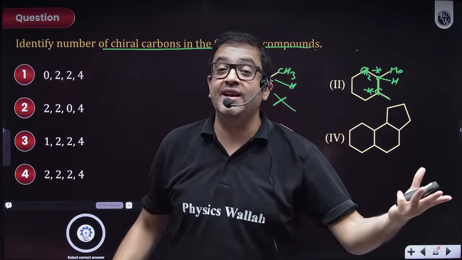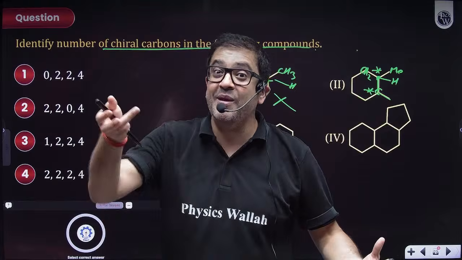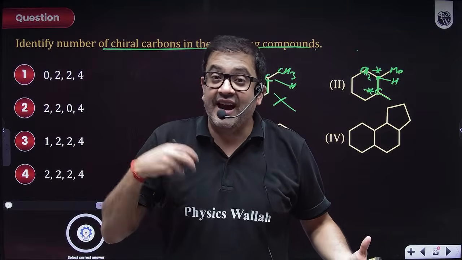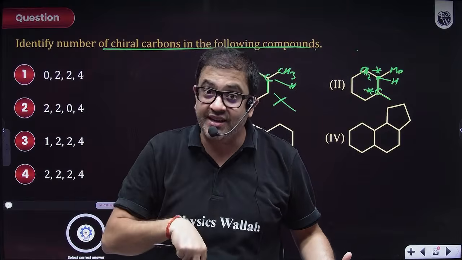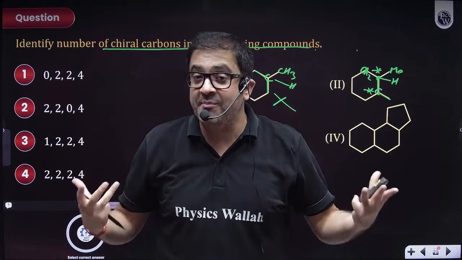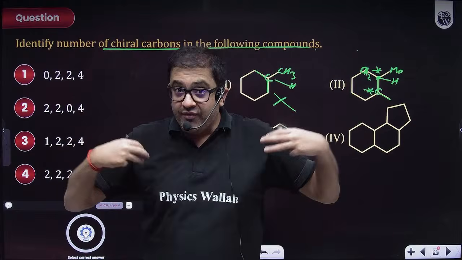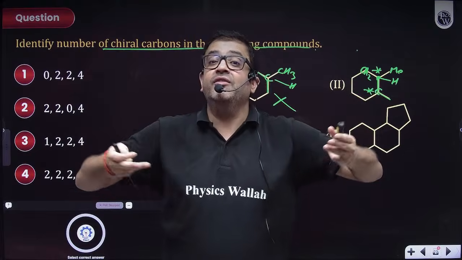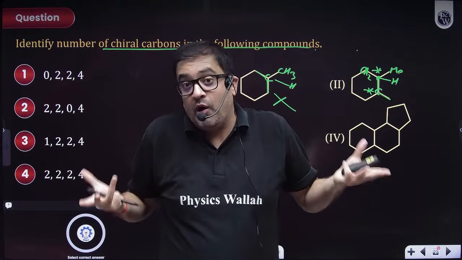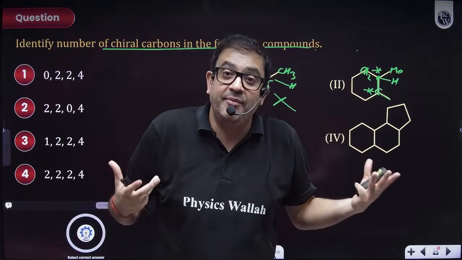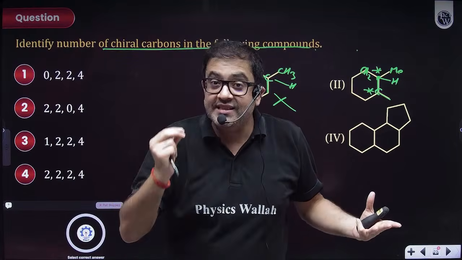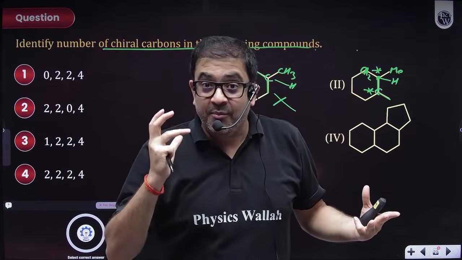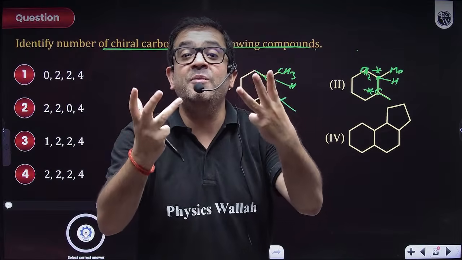A chiral molecule is an optically active molecule. So you may have a chiral center, an optical stereo center, but the molecule may become optically inactive. If a molecule becomes optically inactive because of itself only, although it has chiral centers, then such molecules are called meso forms.